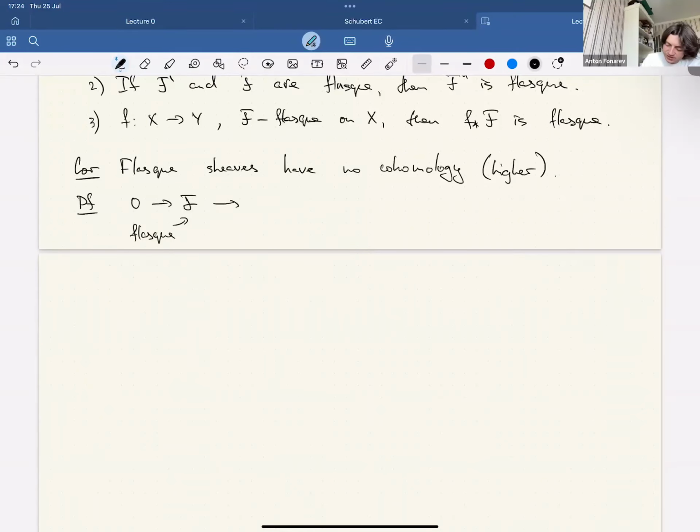Embed it into an injective sheaf I, and consider the quotient G. So what do we know about I? We know that I is also flasque, because we checked that all injectives are flasque. So it implies by one of our exercises that G is flasque.